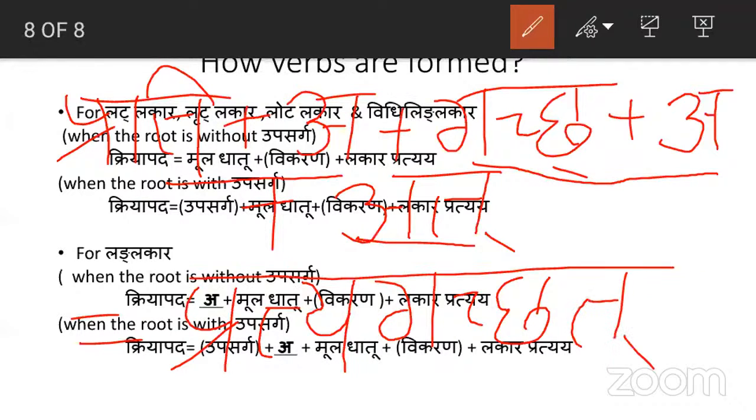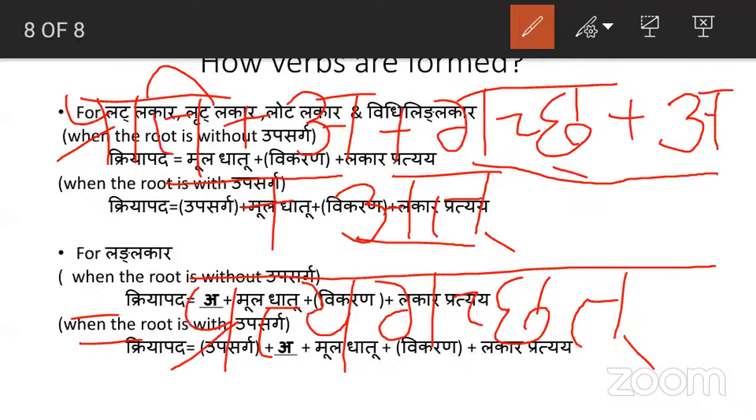So it comes pratyagachat. Write down in your notebook: prati plus a plus gachha plus a plus at. Here prati is upasarga, a is of lang lakar, gachha is dhatu, a is of vikaran, and at is pratyay. Lang lakar pratham purush ekvachan. So it forms pratyagachat.